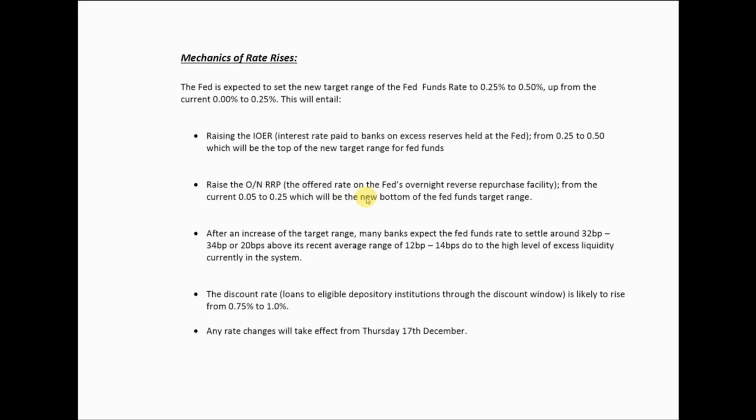This is the offered rate on the Fed's overnight reverse repurchase facility. That's currently at 0.05%, and it's expected to go to 0.25%, which will be the new bottom of the Fed funds target range. So again, be aware, if you hear this RRP being raised to 0.25%, that's not the Fed funds rate. Because actually, if the Fed funds rate was raised to 0.25%, that is actually less than is expected.